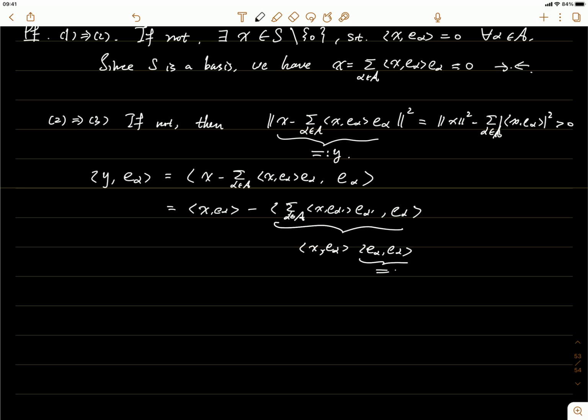But this one is equal to 1. So this is equal to 0 for any alpha in A. I showed that <y, e_alpha> is equal to 0 for any alpha in A, and that just means y is equal to 0. But that is a contradiction to the fact that y is a non-zero vector. So that's the contradiction.